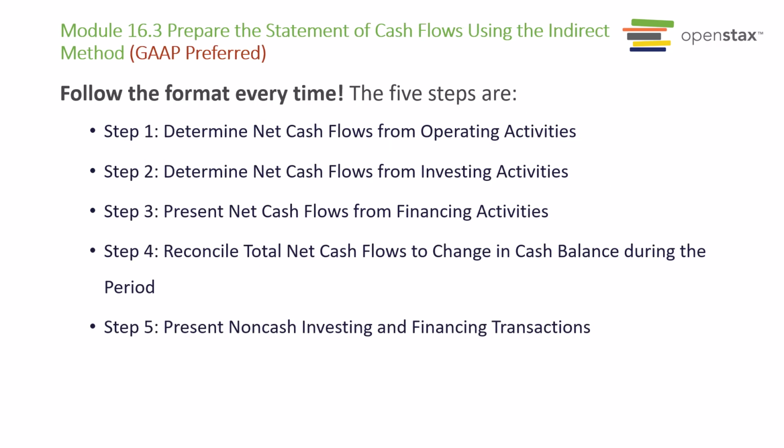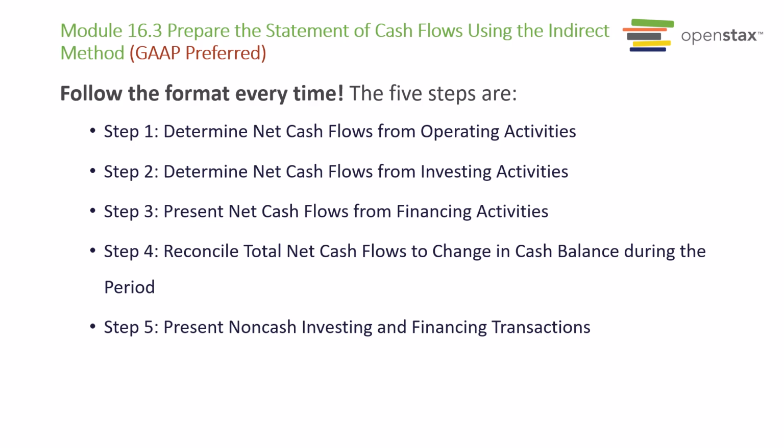When you prepare the statement of cash flows, just like the creation of an income statement, a statement of owner's equity, and a balance sheet, it is really important to follow the same format every time and then just adjust the detailed information of that format to suit the company that you're working with or the problem that you're being presented with in our homework or in our chapters.